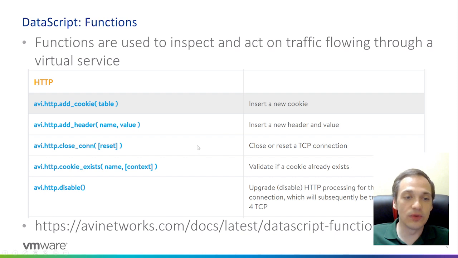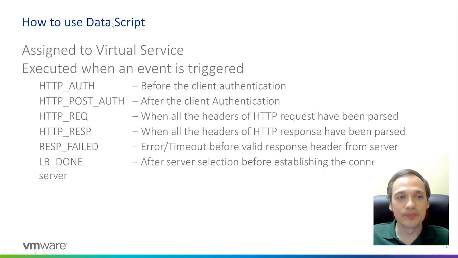I advise you to go there and see what DataScripts can do, because all the logic is tied around these functions. Basically, it's: if some function equals that, then apply other functions that will do this. Something along those lines. And then the DataScript is executed upon a certain event.